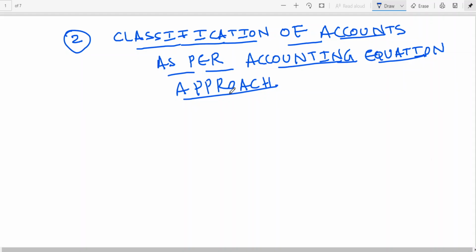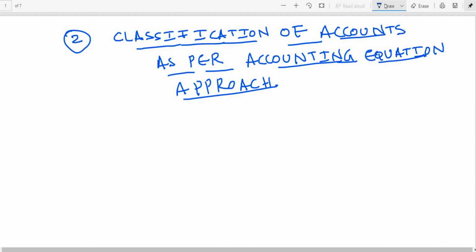Impersonal have been classified into real and nominal. So today we are seeing the classification of accounts under the accounting equation approach.